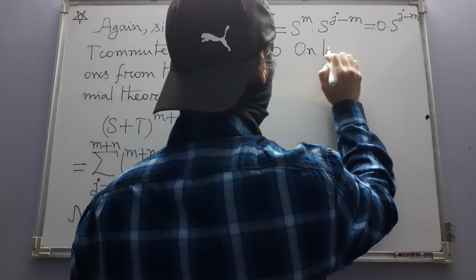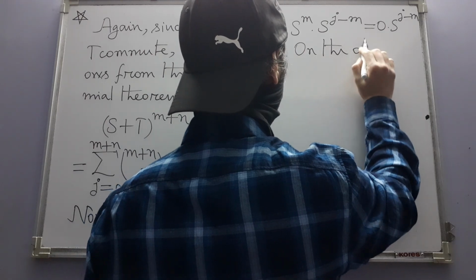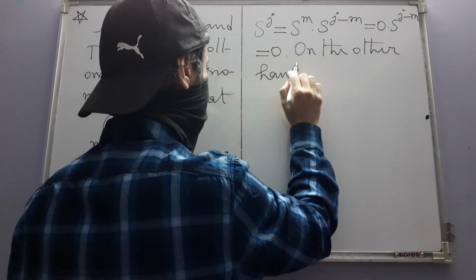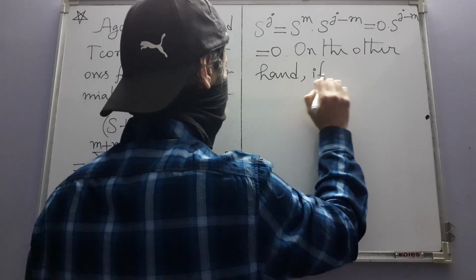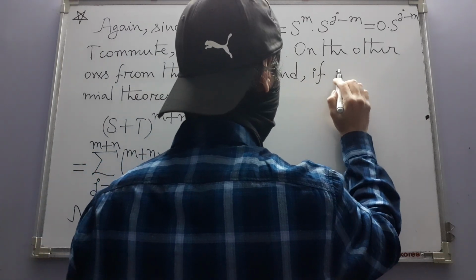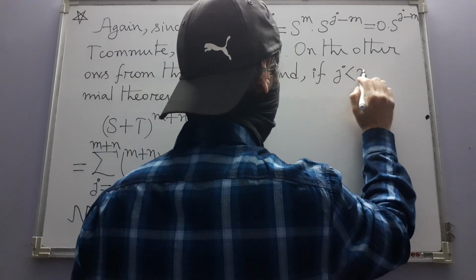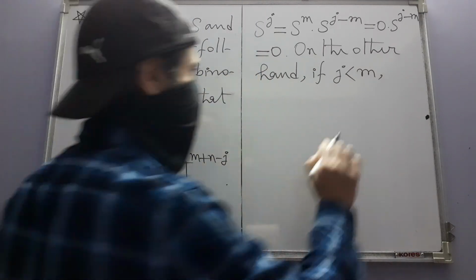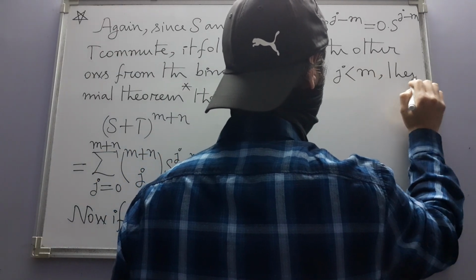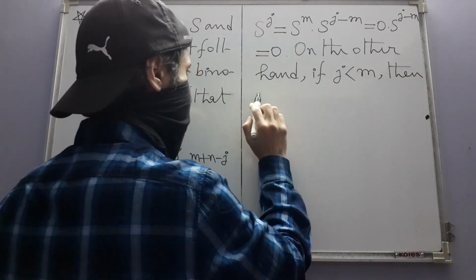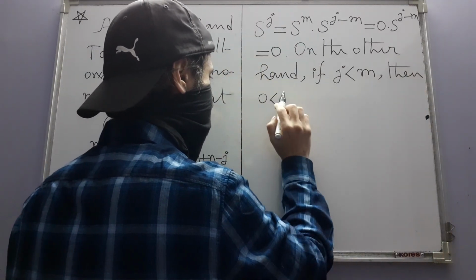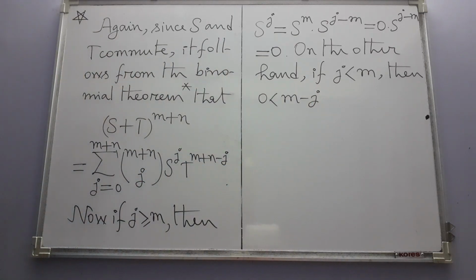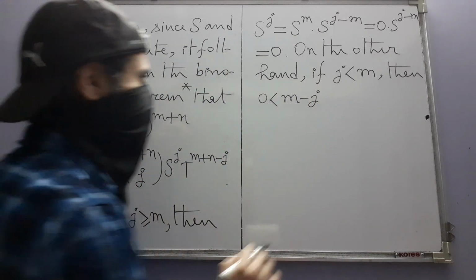On the other hand, if j is less than m, then 0 is less than m minus j, subtracting j from both sides.